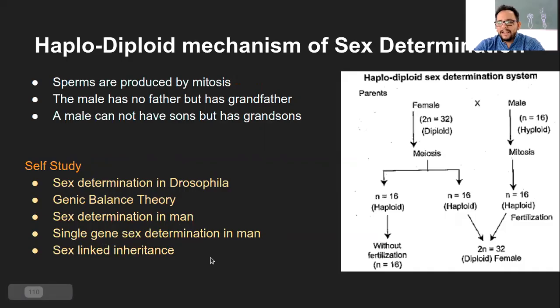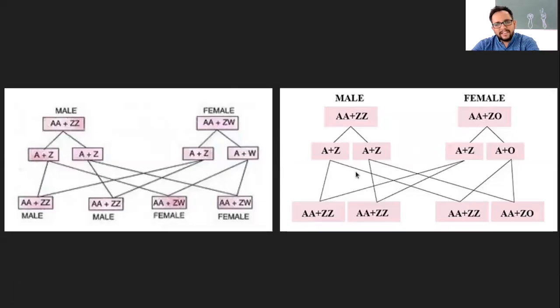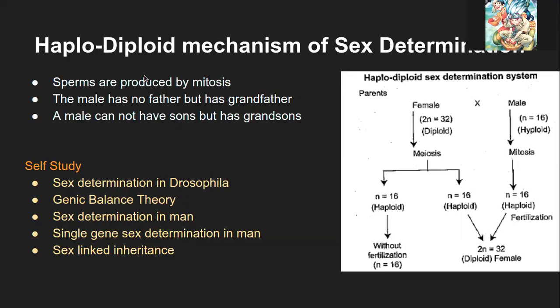These are ultimately talking of the same thing, and even these diagrams are the same for most cases. You just have to be careful about whether male or female is heterogametic, and then go forward with the permutation combinations. That is why I have put this for self-study. Ideally you don't have to do anything, just go over this topic. If you have any problem, we can discuss in the class. But in the next class, we'll talk of the haplodiploid mechanism.